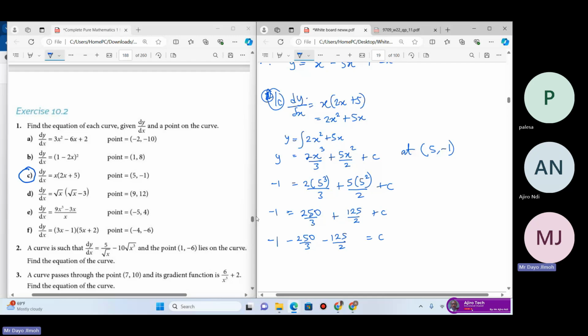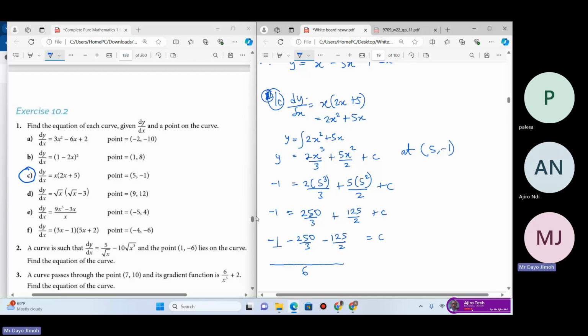So I can only add them together when the denominators are the same. So let me make sure that denominators are the same. This one is like saying 1 over 1. So the LCM of 3 and 2 is what? 6, right? Do you agree? Yes.